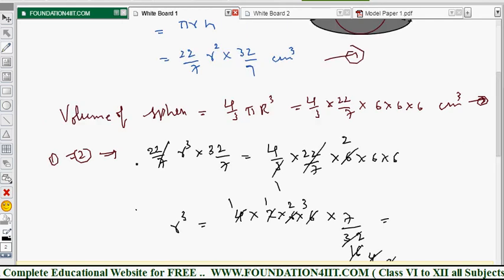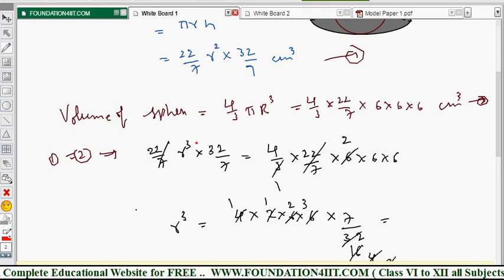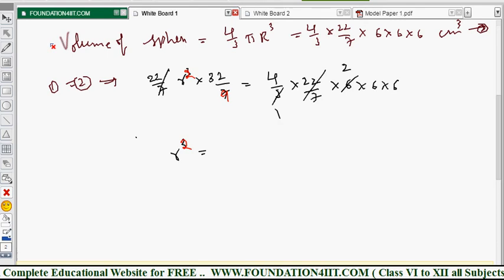Okay, in the calculation, here is a small correction: this is actually pi r square, not cube. And the square is this 32/9, right? So you can keep 9 here. Then by cancellations, let me cancel it once again. So r square equals 4 into 32/7, this 9 as this.